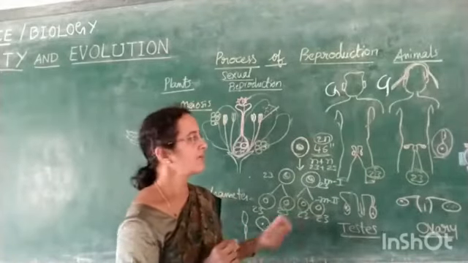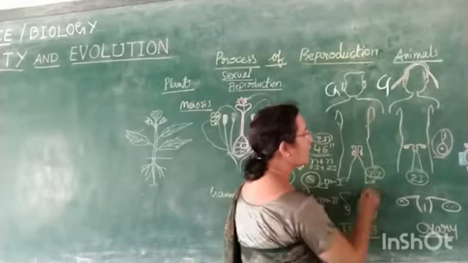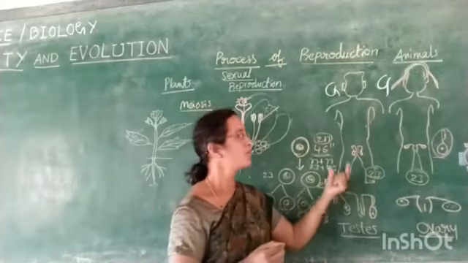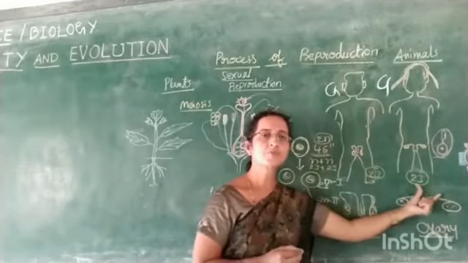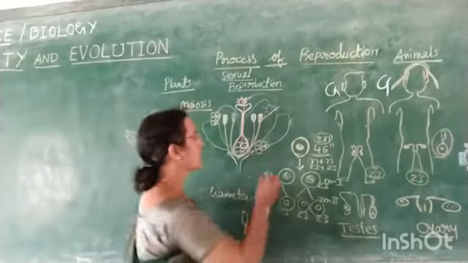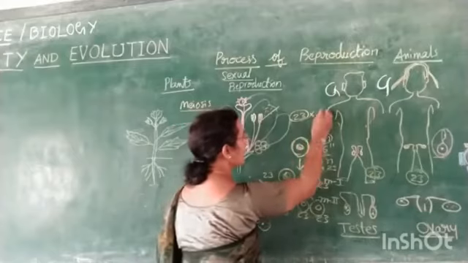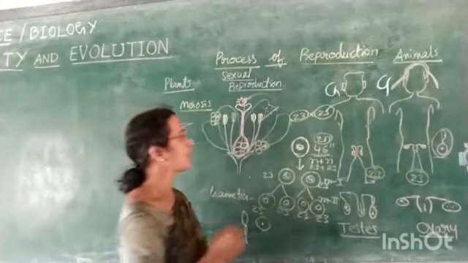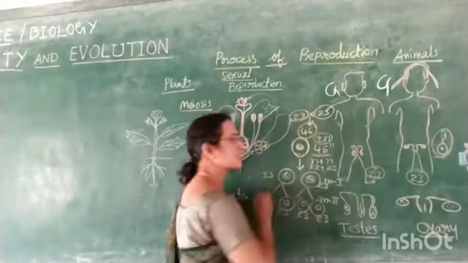Whenever a new child is born, there is a contribution of one set of chromosomes from the male and one set from the female. So 23 chromosomes from the father unite with 23 chromosomes from the mother, resulting in a cell consisting of 46 chromosomes.